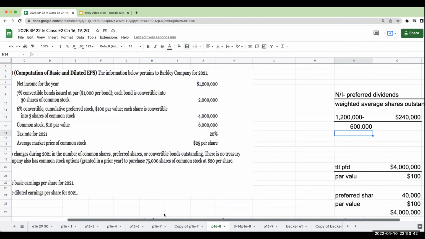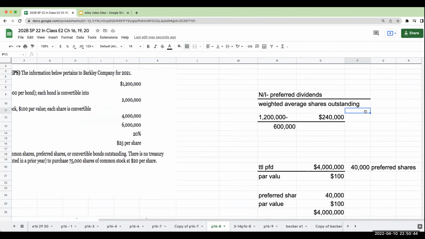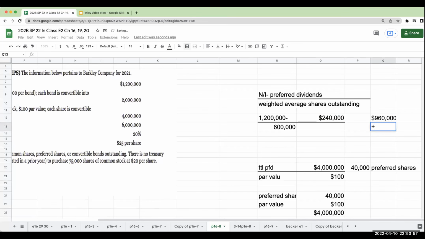There were no treasury shares, so we're good to go. My numerator for basic is 1.2 million minus 240 divided by 960, and we're getting $1.60 per share. So my basic earnings per share is $1.60.